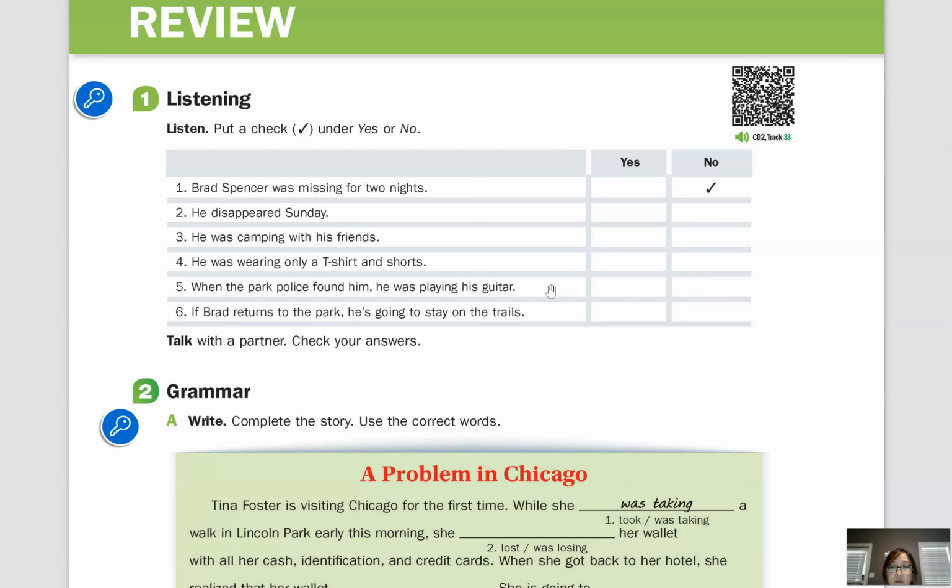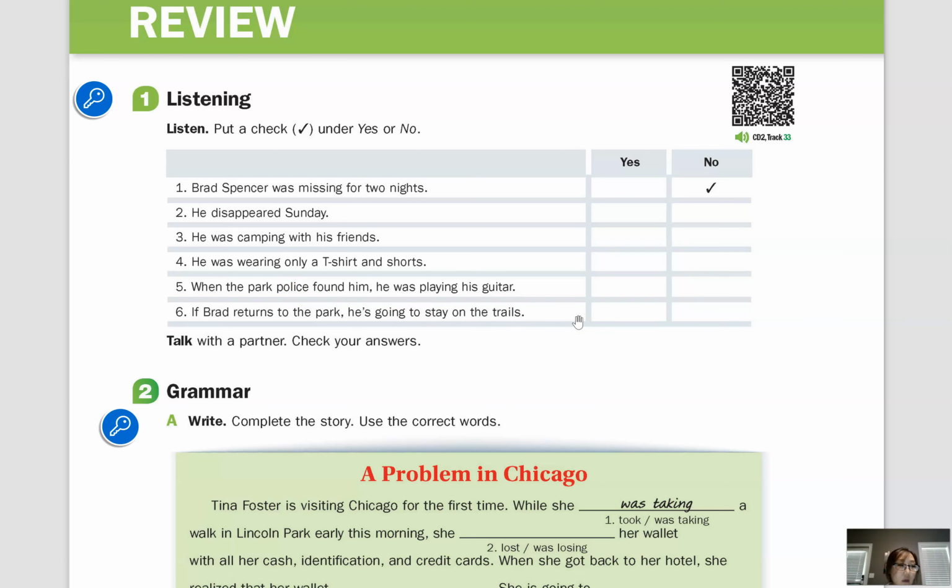Okay, make a question. Okay, so we can say, when did park rangers find him? Or you could also say, when did the park police find him?